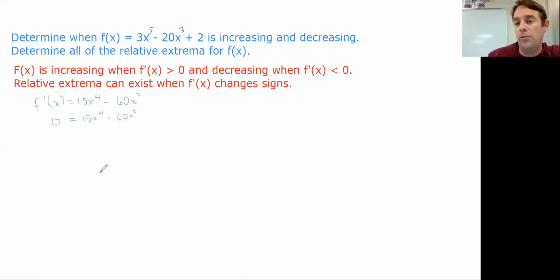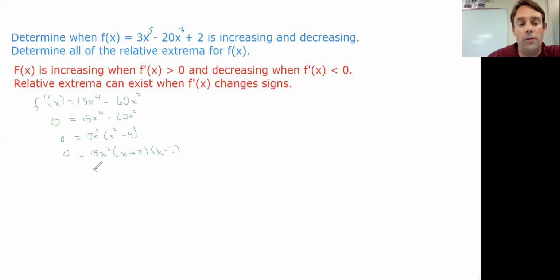I gave myself permission to set it equal to 0 and solve it. So let's solve it. We got 15x squared, and I have x squared minus 4. So we have x plus 2, x minus 2.